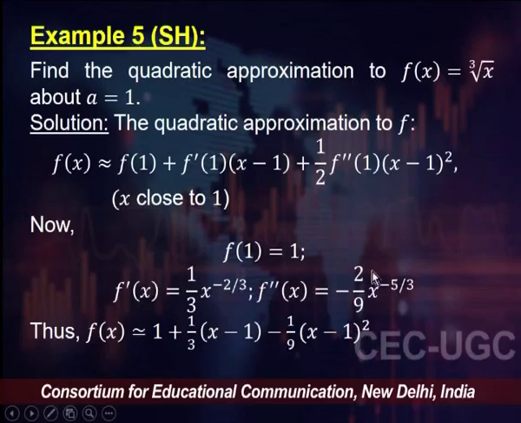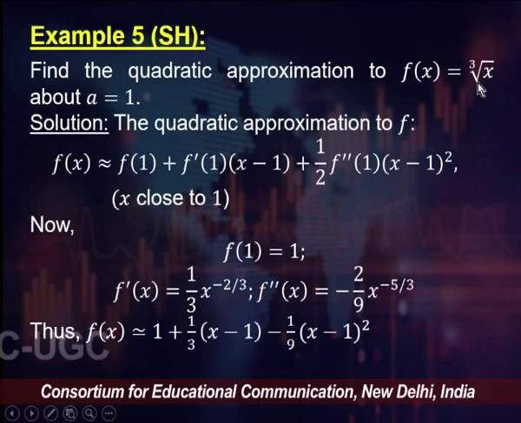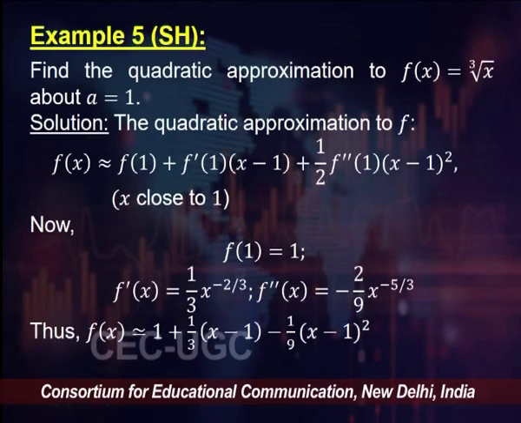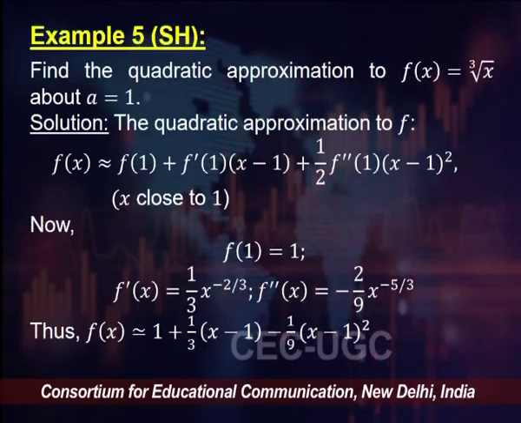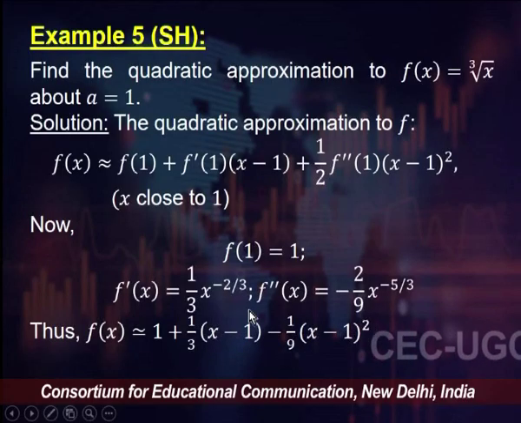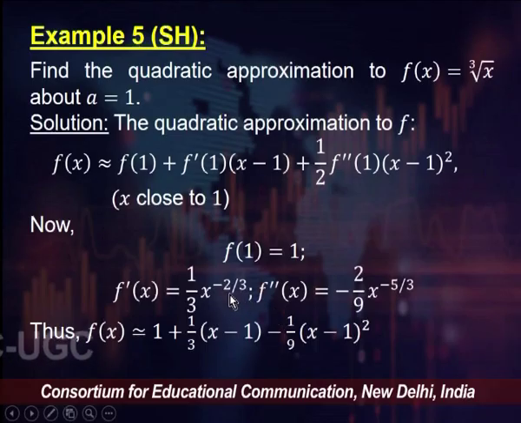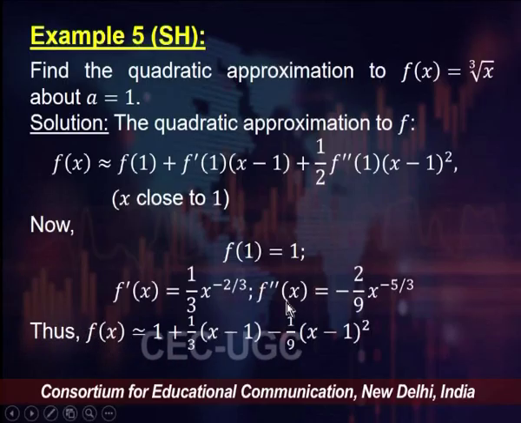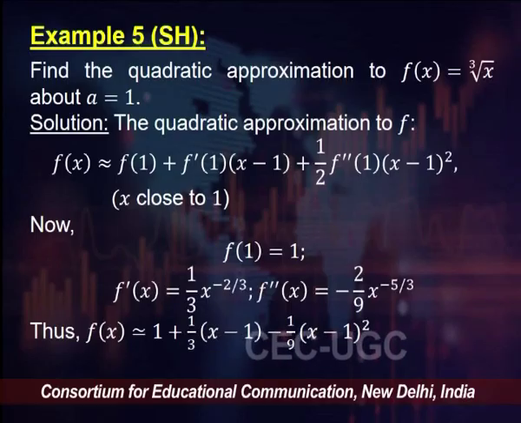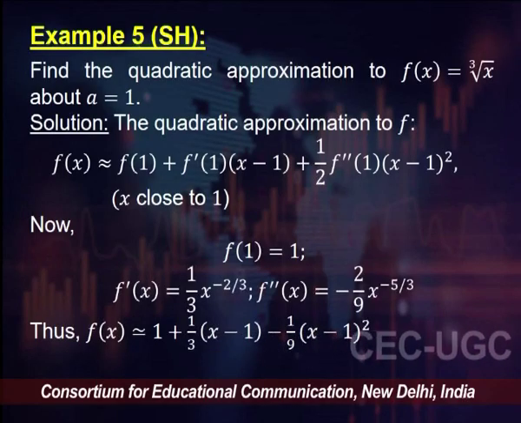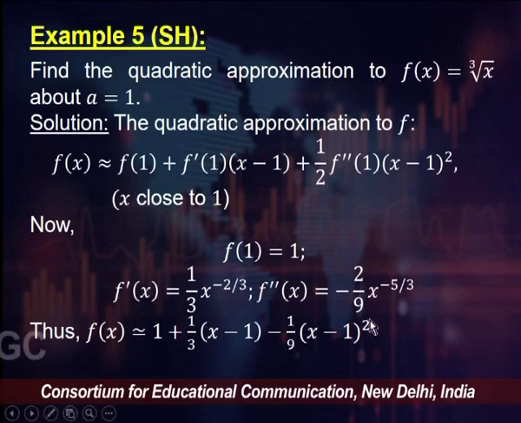Now, we had already calculated that f of 1 is 1 because f of x is cube root of x. F prime of x is 1/3 times x to the power minus 2/3. So, this then implies that f prime at 1 would be 1/3. F double prime of x is minus 2/9 times x to the power minus 5/3, and this then gives us f double prime at 1 equal to minus 2/9.